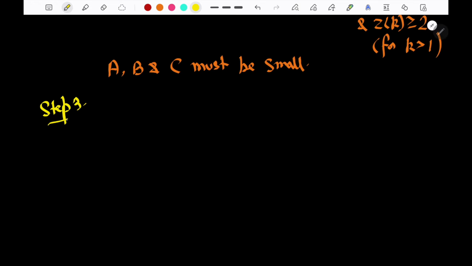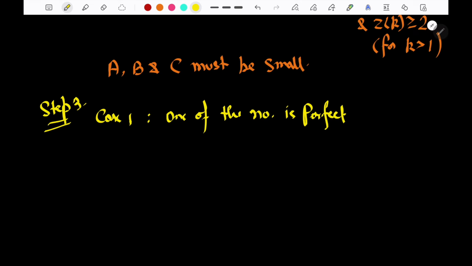Step 3: we can take cases, and see what possible values are accepted. Case 1: say one of the numbers is a perfect square.